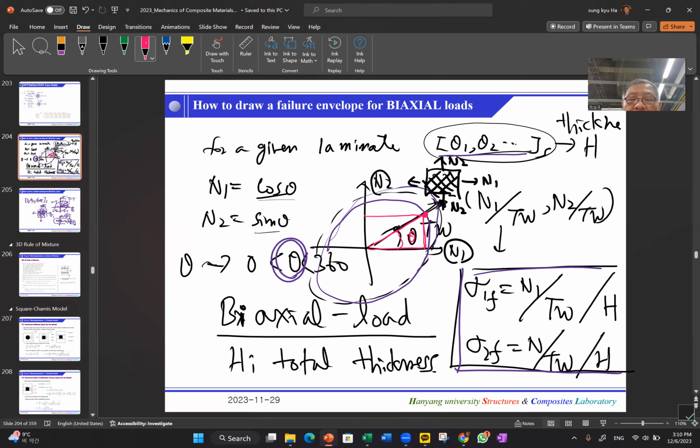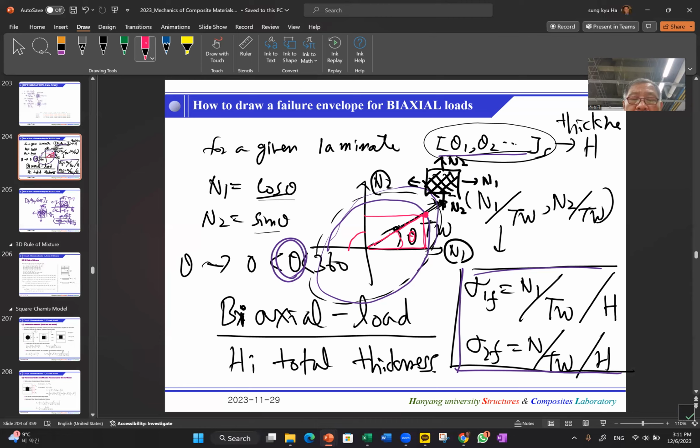So how to find this point automatically, rather than just keep applying this load? It would take a long time to find that point. Now, how can we find that point automatically? The key point is that all the theory we are covering right now is linear.